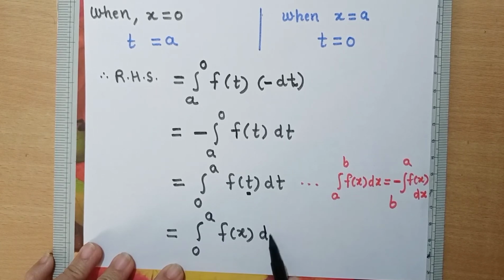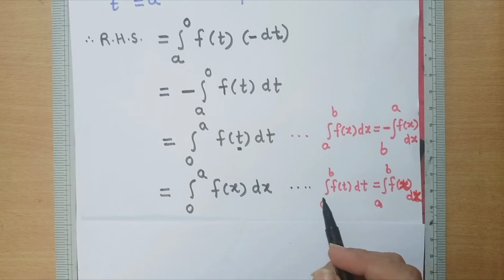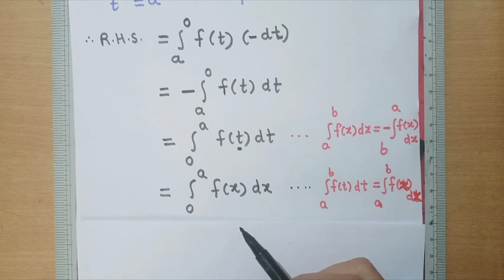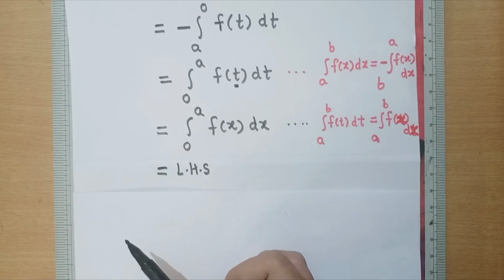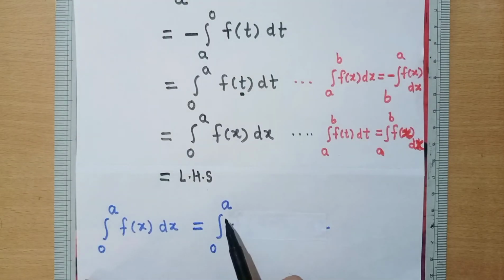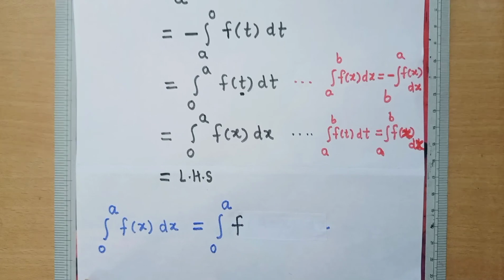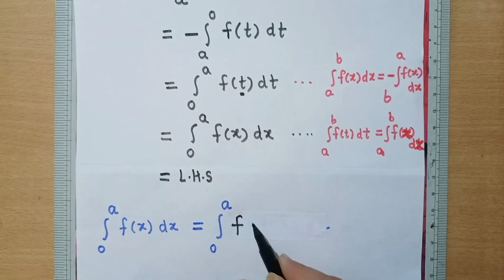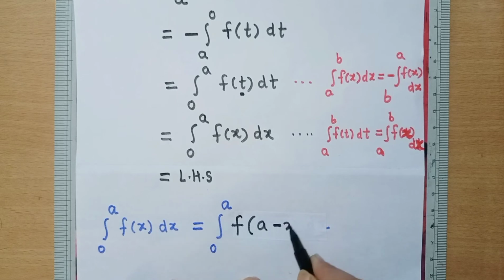So here I am writing f of x, and again this is equal to LHS, and hence we have proved that integration 0 to a f(x) dx equals integration 0 to a f(a - x) dx. So we have to use this property in this way.